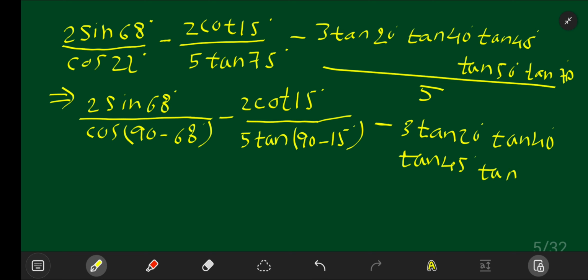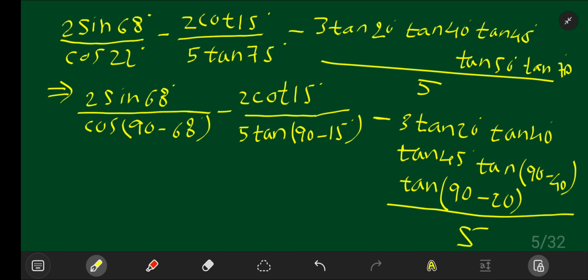Tan 50 can be written as tan 90 minus 40. 90 minus 40 is 50. And tan 70 can be written as tan 90 minus 20. 90 minus 20 is 70. Okay, divided by 5.